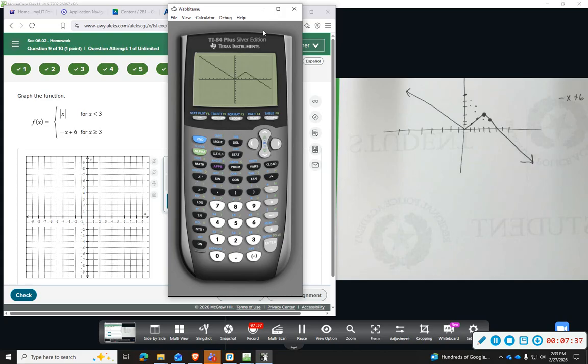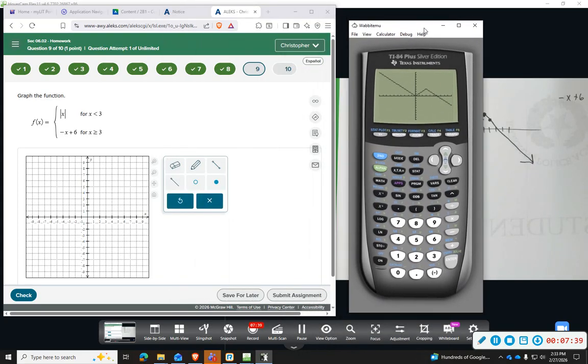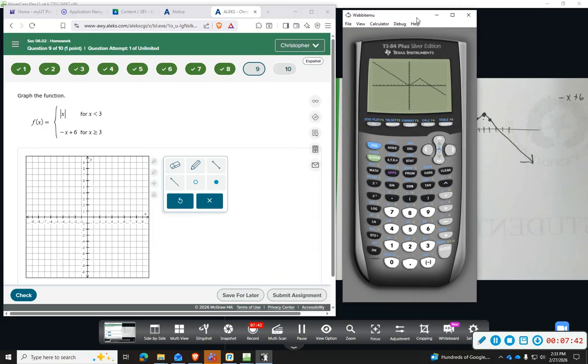And so you can kind of see that shape right there. If you know how to graph the basic and the parent functions, which we have there for you, you can graph any piecewise. So this one wants us to graph it. I'm going to do a line segment at the origin, up 1, right 1. That's going to be the left side of this graph. We're going to do a ray, up 1, right 1, up 1, right 1, up 1, right 1. That's going to be the last point of that ray.